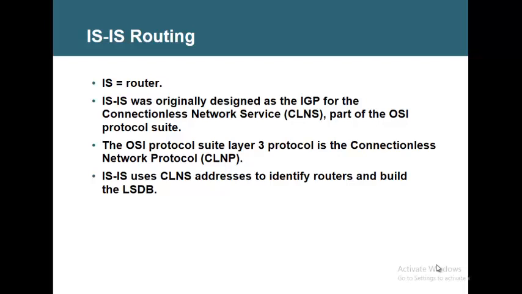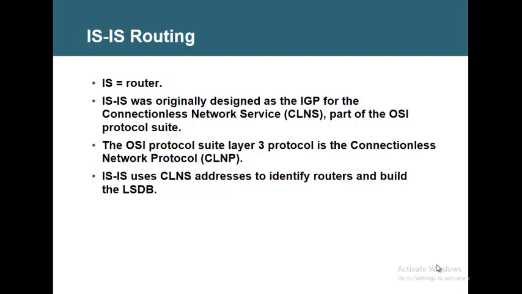As I said earlier, ISIS was originally designed as an IGP for CLNS, which is a part of the OSI protocol suite. So before IP it was CLNS. You got that point? Before OSI it was a different story; this story begins from OSI. So when OSI was already in place, ISIS was designed and altered to support CLNS.